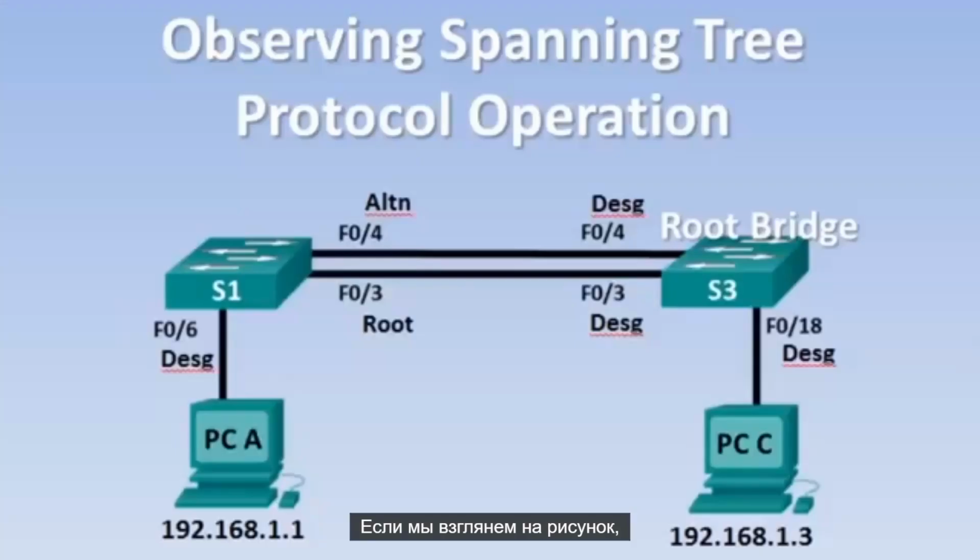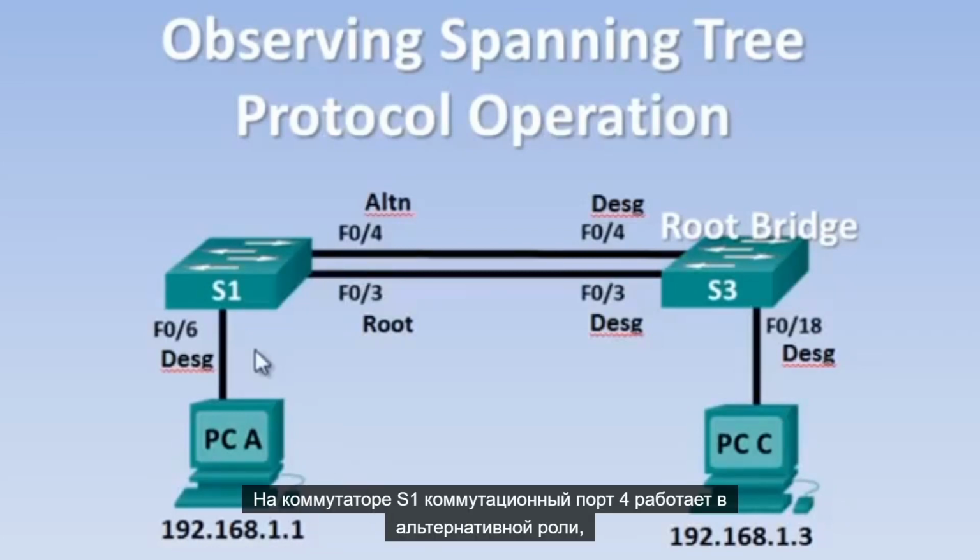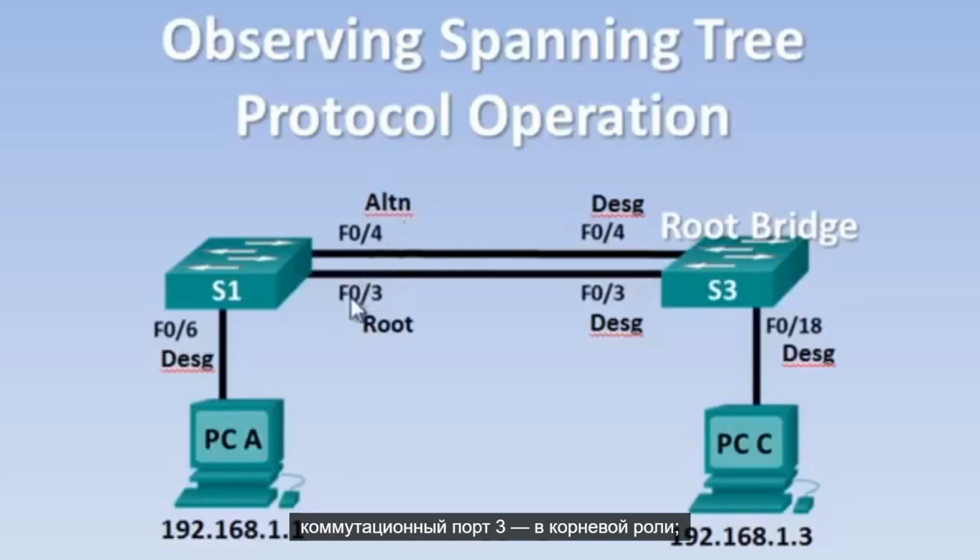If we look at our graphic, we can see the roles for both switches. On switch S1, switch port 4 is an alternate role, switch port 3 the root role, and switch port 6 the designated role. The designated role and the root role both have a forwarding status, and the alternate role has a blocking status.